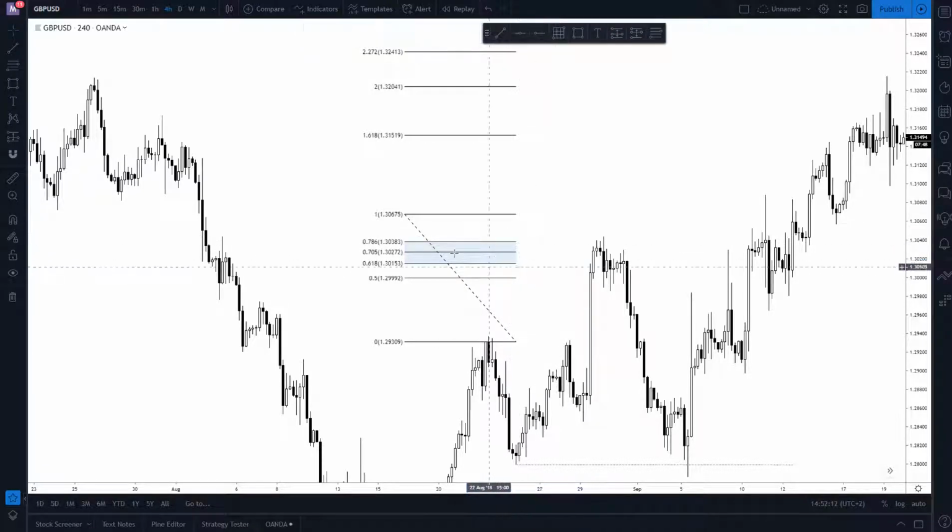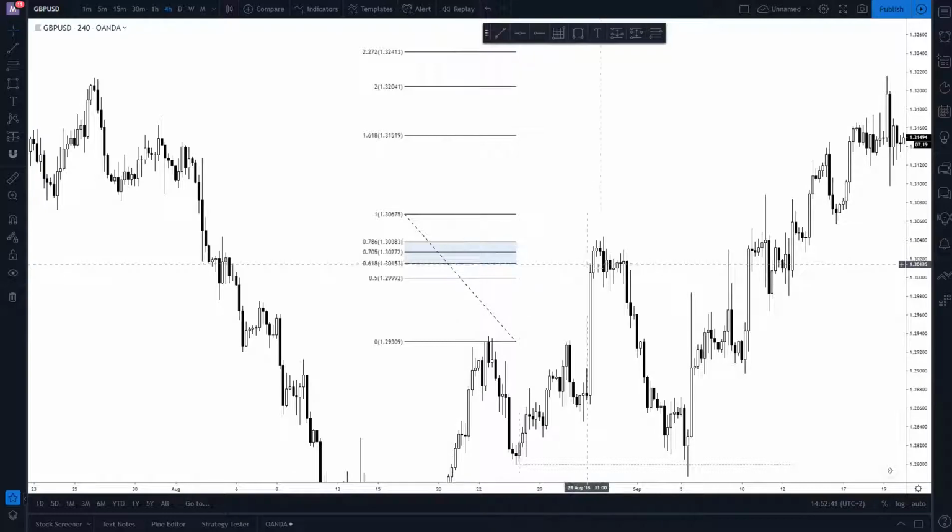And my problem with the 0.618, even though this one is working most of the time, is obviously that a lot of people are having orders there. So what is kind of reasonable for price to do is always just dip a little bit lower to squeeze out these traders, or stop them out completely to collect some extra liquidity.